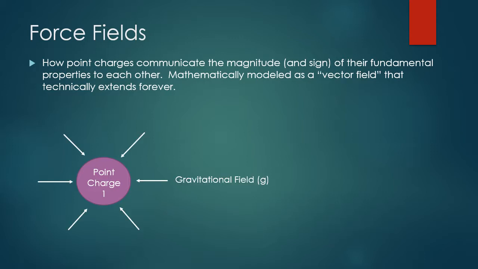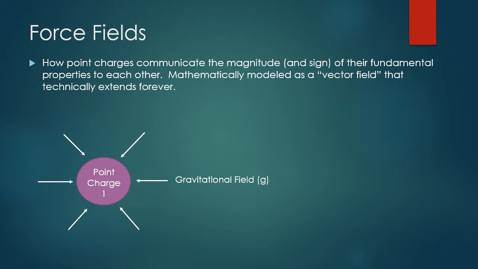So I've drawn, for example, a vector field that represents the gravitational field of point charge 1. I mentioned this earlier. You've learned little g as the gravitational acceleration, but I prefer to talk about it as the strength of Earth's gravitational force field. In any case, that gravitational field has a direction.